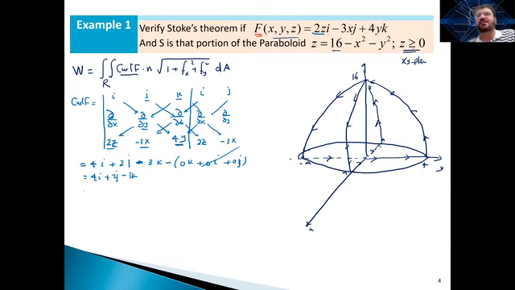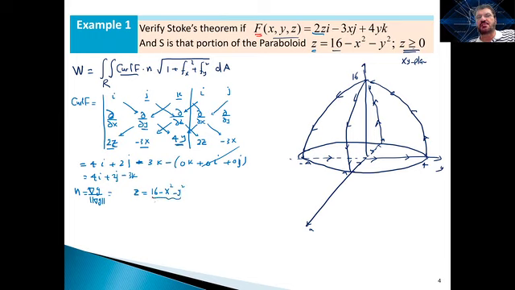Now we need to find n, guys. To find n, it is the gradient of g over the magnitude of the gradient of g, assuming everything is oriented outward. All right, where is g? You get it from here. Okay, now we have z is equal to 16 minus x squared minus y squared.